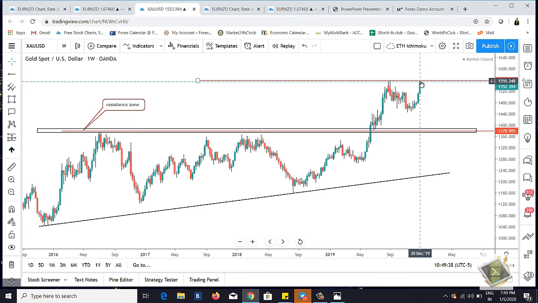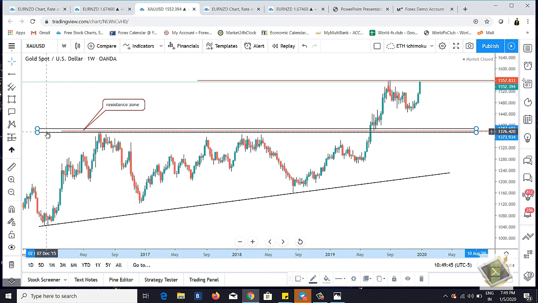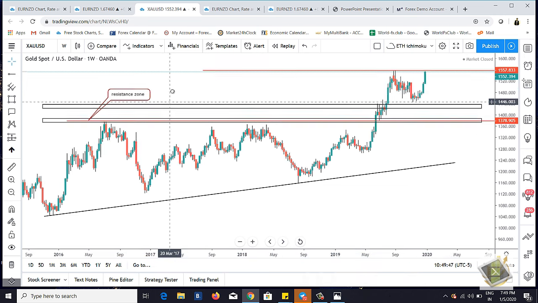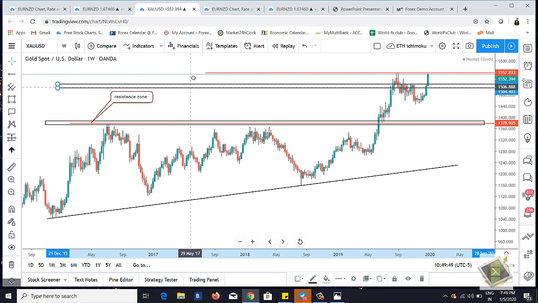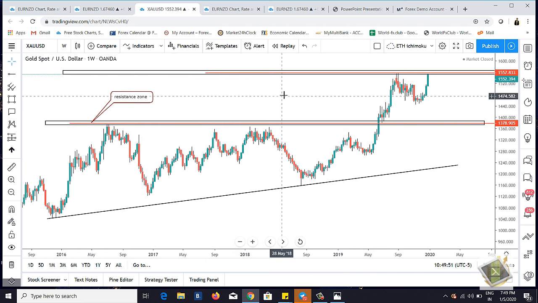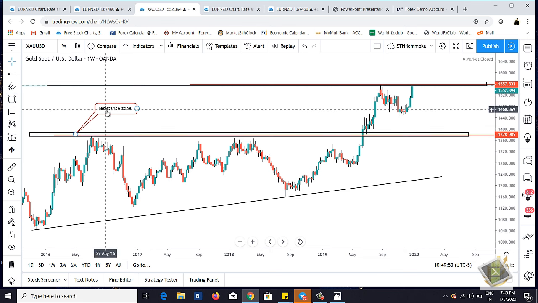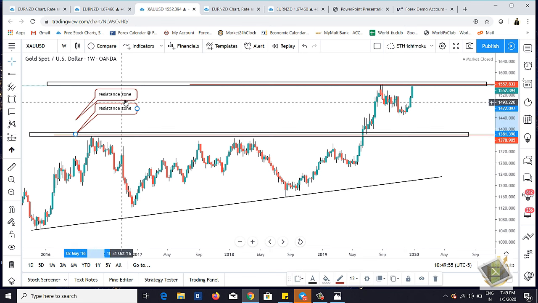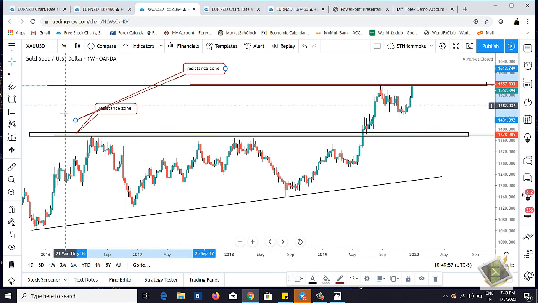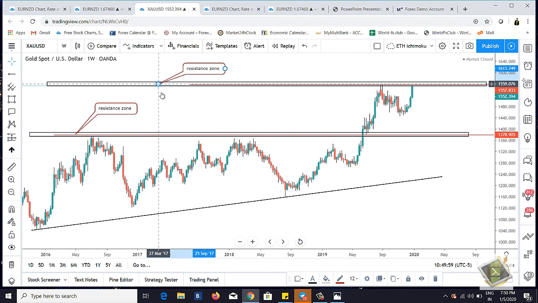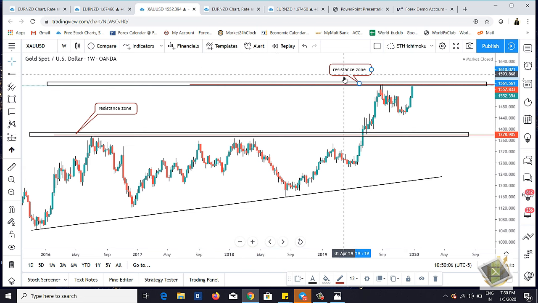Now if it starts to reject this level, it might go down like this. Okay, so we can say that this is also a resistance area because price has rejected this level in the past. So I will just copy and paste, and mention that this is also a resistance area.